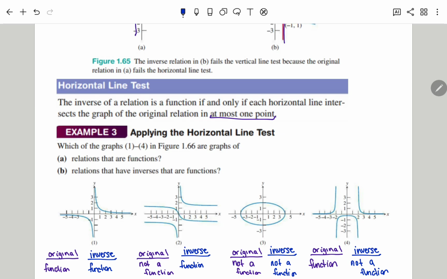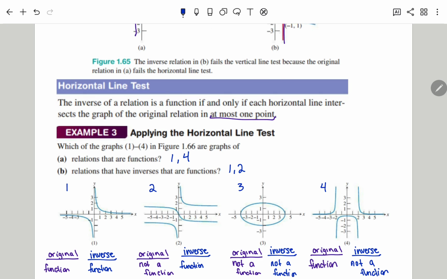The originals that are functions are 1 and 4. The relations that have inverses that are functions are 1 and 2. Okay, let's look at the next page.